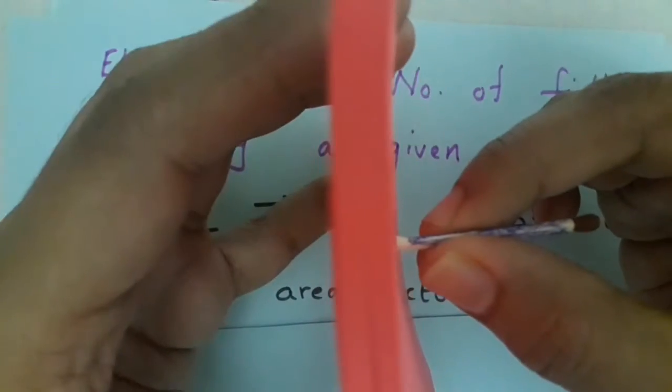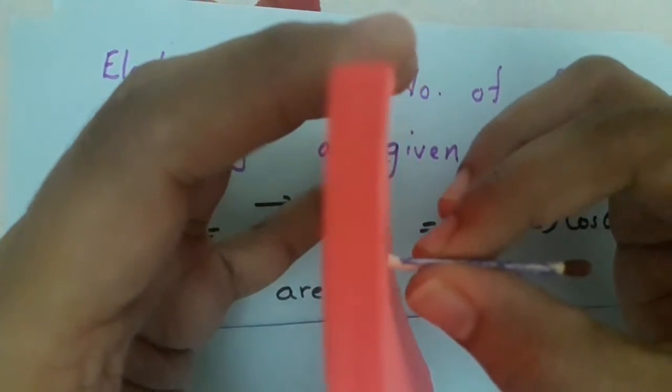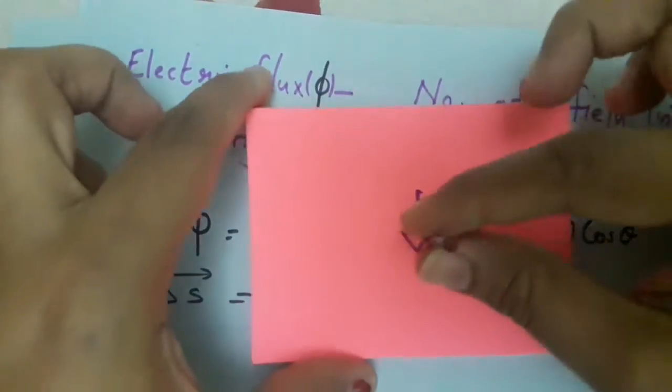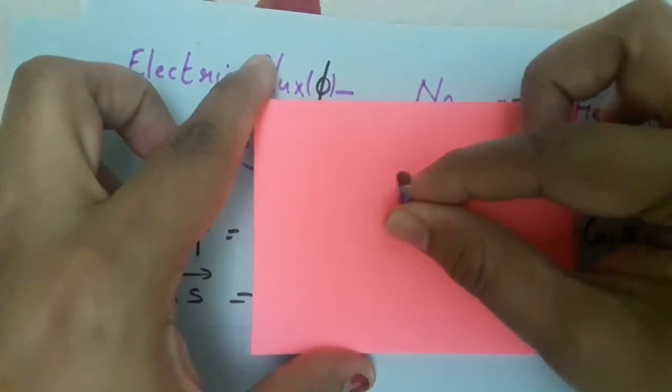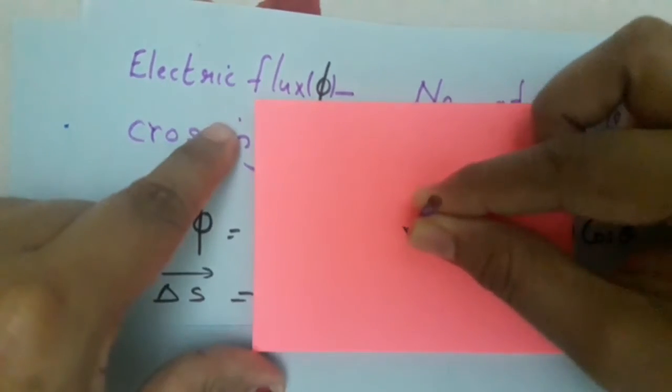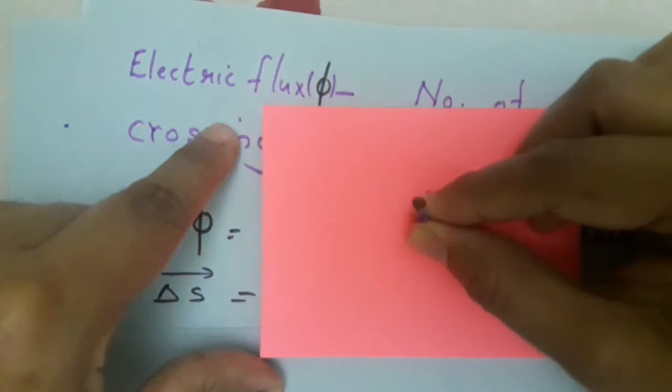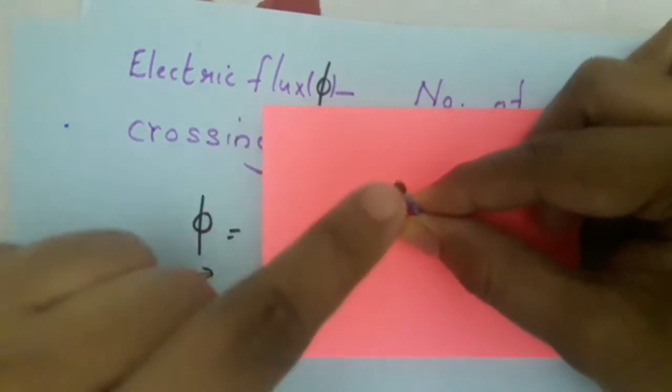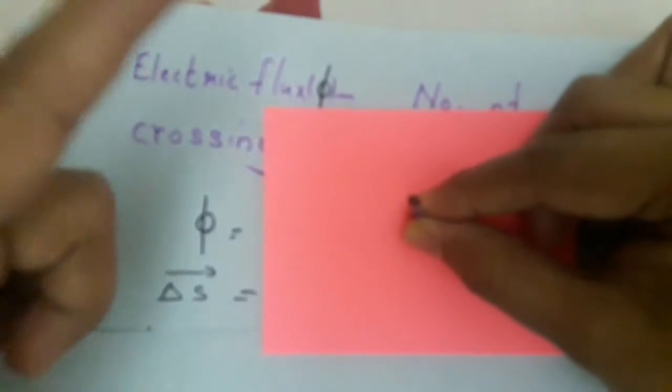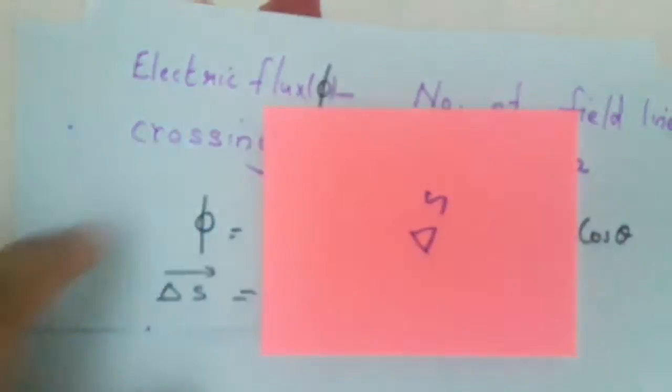It is an outward normal like this. So the direction of the area vector is always a vector drawn outwards.